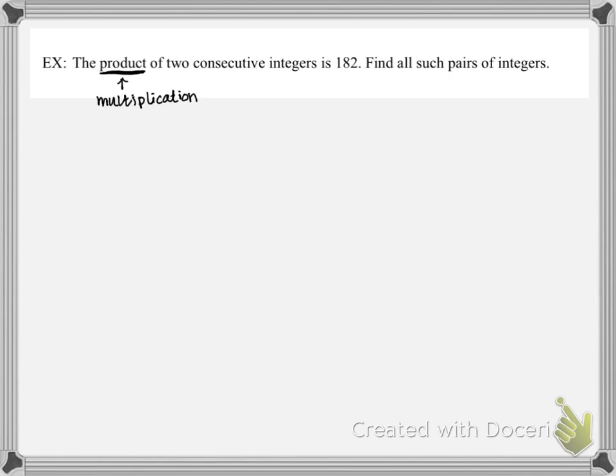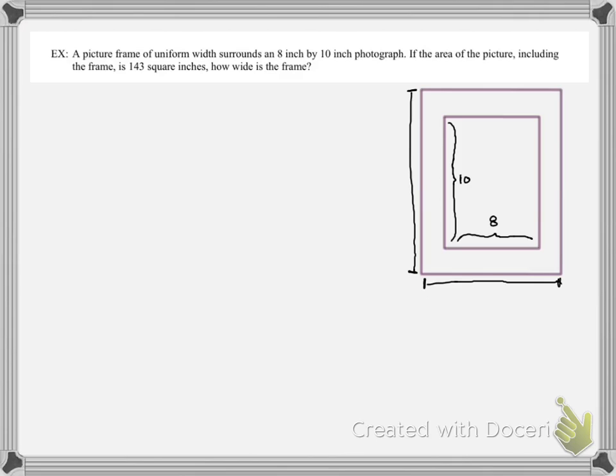So think back, way back, because when they say how wide is the frame, they don't mean this width, like how wide is that whole thing. They're referring to the actual width of the frame itself, from here to here. So the border, the actual frame, not the entire picture.